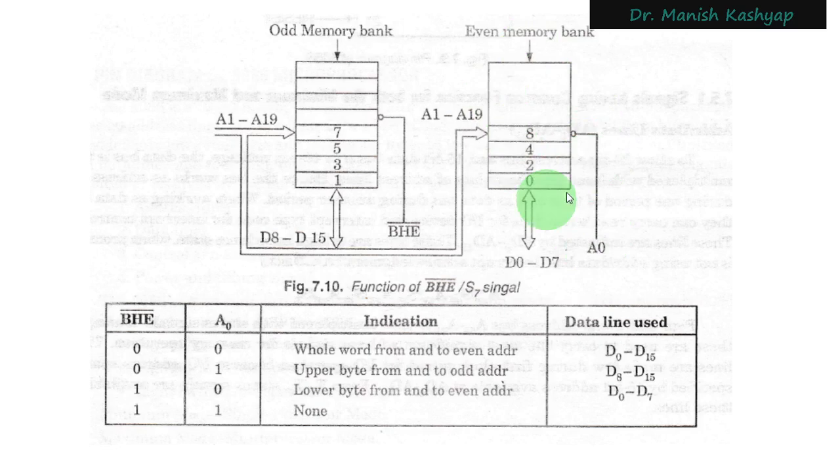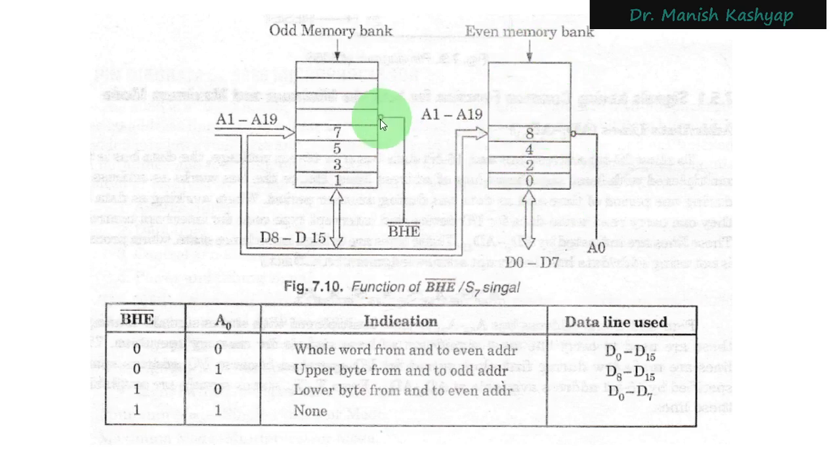So this bank can be activated when and only when A0 is equal to 0. If A0 is equal to 0, this acts like a NOT gate, and 1 will be transmitted inside this memory, so this memory will become activated.